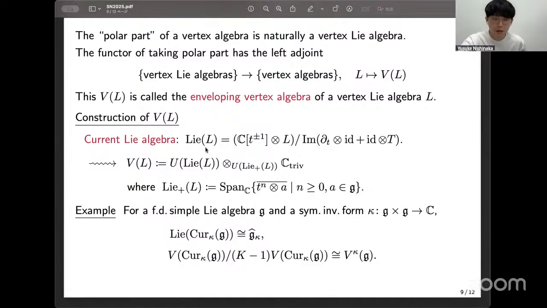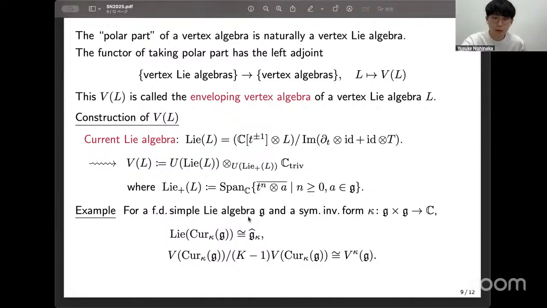This space inherits a Lie algebra structure from the lambda bracket of L. We call it the current Lie algebra of L. Next, this linear subspace D plus L is a Lie subalgebra, and B(L) is defined as the induced representation of the trivial representation of D plus L.